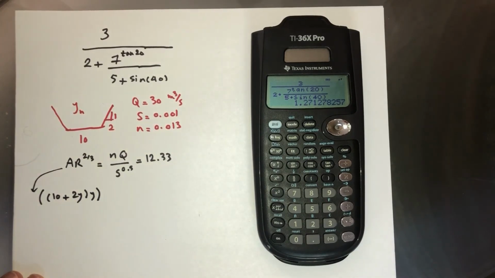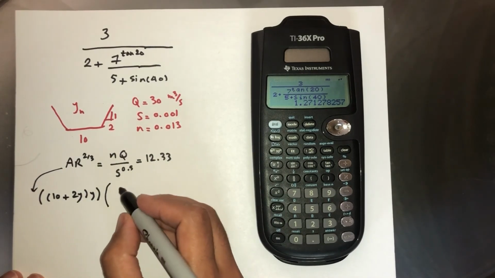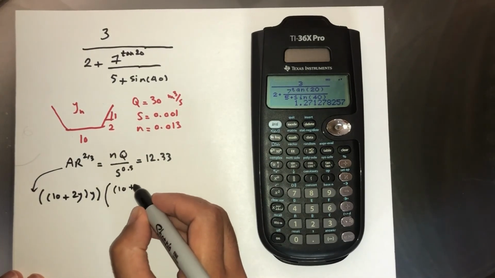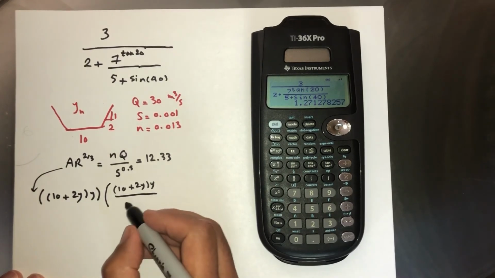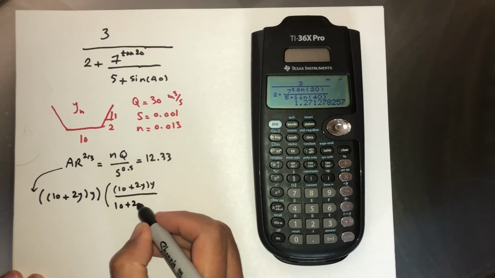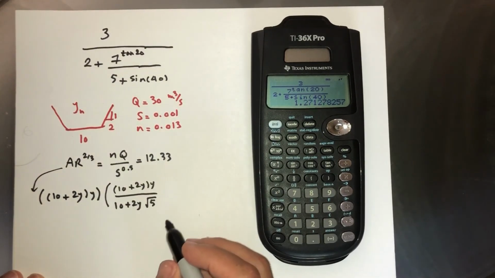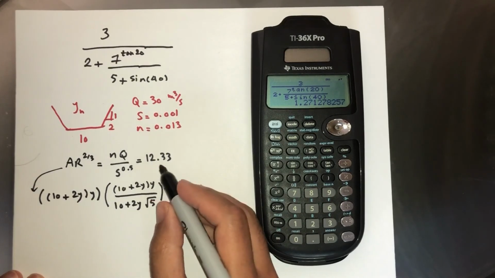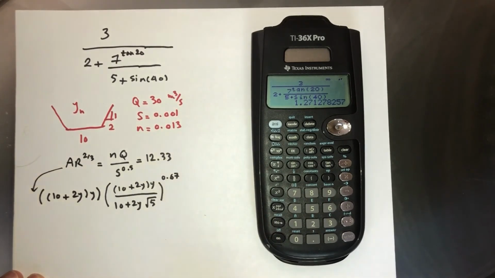That's my area, and for my hydraulic radius I have 10 plus 2y times y over 10 plus 2y radical 5, that comes from the z part, and to 2/3, but the calculator friendly version of it is 0.67.